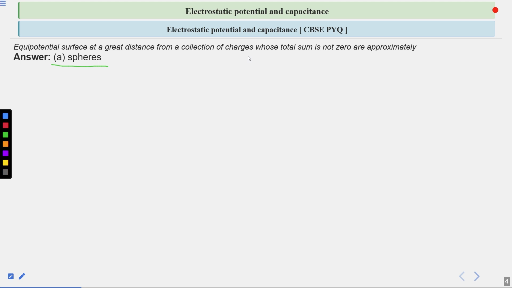Or there may be some small pebbles collected at some point. Very small pebbles are placed in the form of a collection, and if we view these from a great distance, then it will look like a point.